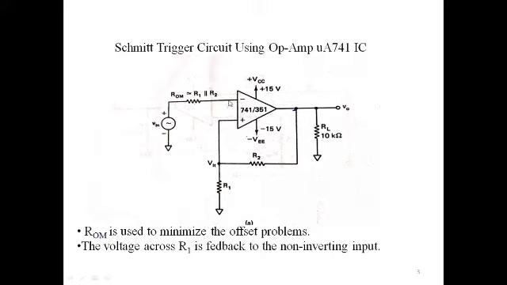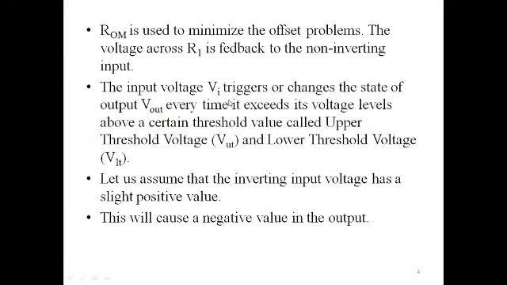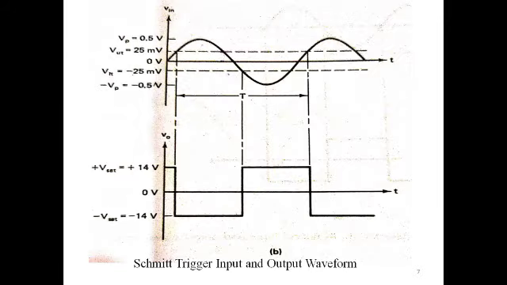This is how we are going to look into it. Suppose the output voltage is at minus V saturation. Whenever that is the case, what is going to happen?